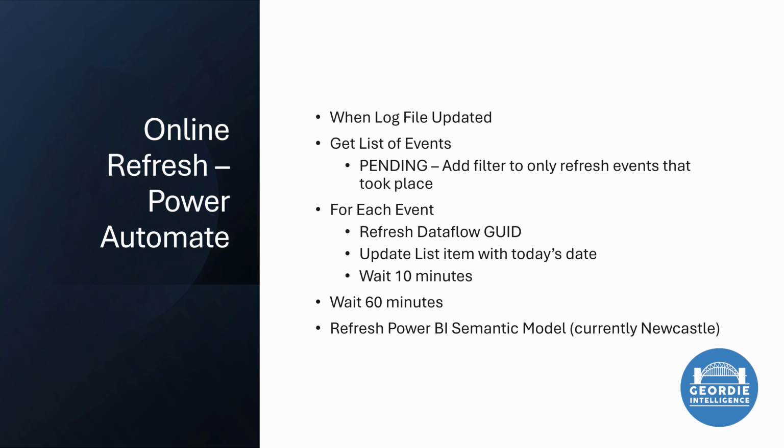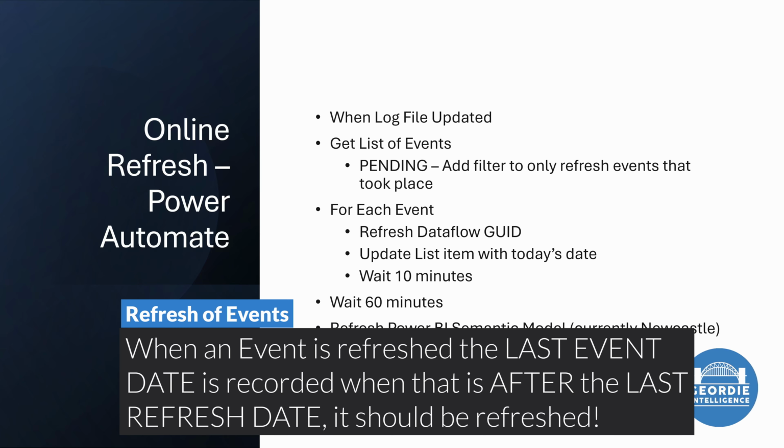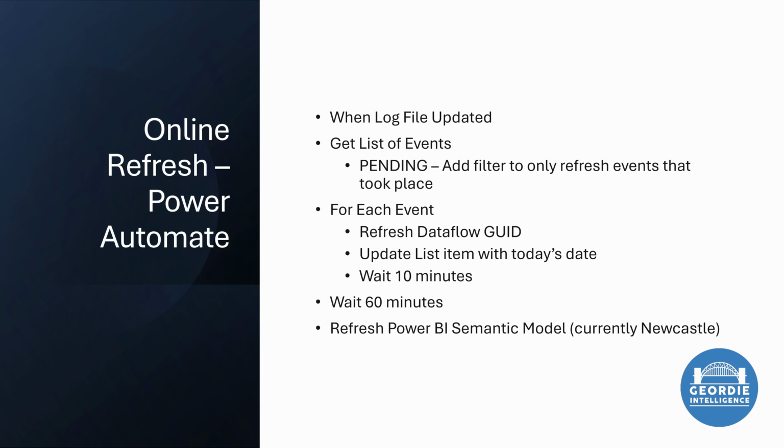So if an event takes place on Saturday, on the Sunday or later on Saturday, it should be available to trigger the refresh. If it hasn't taken place yet, or if the Saturday event didn't take place, then obviously we don't need to refresh the data because the last refresh is already after the last event. So we know we've got the latest data.